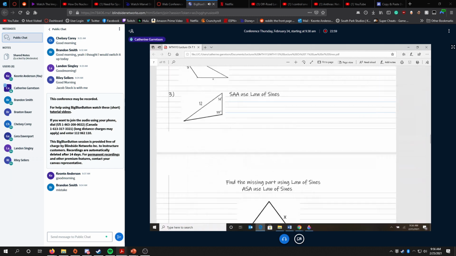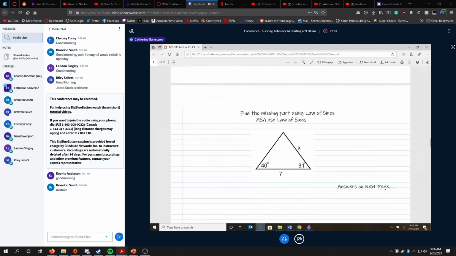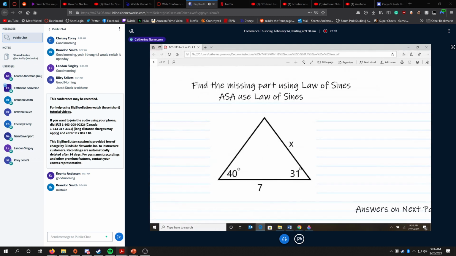Okay, so now we're going to use law of sines to find the missing part. You can go ahead and give them names if you want. You could call the angles A and B and C, and then the opposite sides, you would name them.